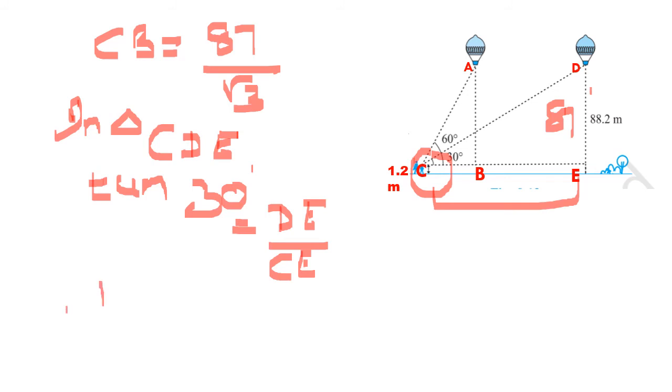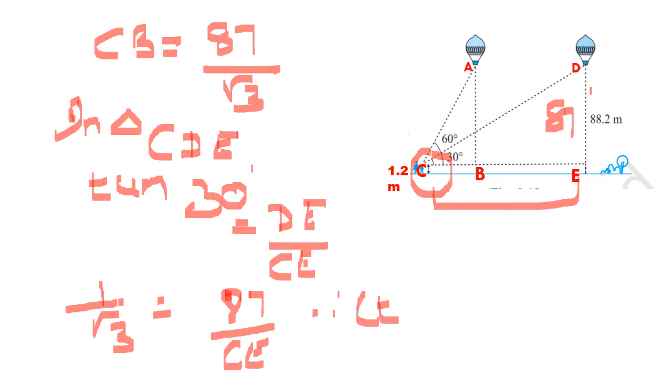It has the ratio 1 upon root 3. Therefore, 1 upon root 3 is equal to DE, where I replace DE with its value, 87, upon CE. Therefore, CE is equal to 87 root 3. This is equation 2.